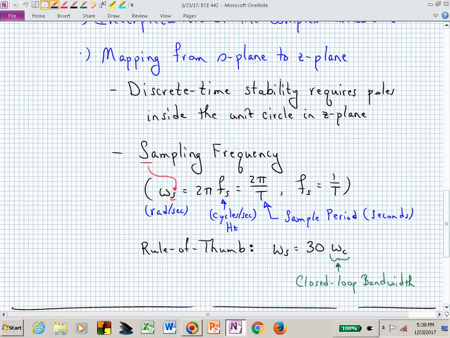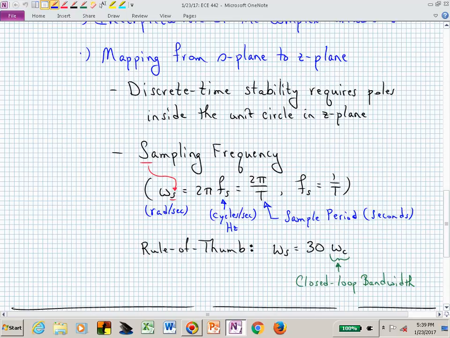If you wanted to sample a system, then if somebody knows what your closed loop bandwidth is, how fast you want this system to operate or behave, then sample at 30 times that, and there is your sampling frequency or your sample period. And they're all related by omega sub s, the sampling frequency in units of radians per second, is 2 pi f. That you should remember until you retire, just like Eli and Ice.